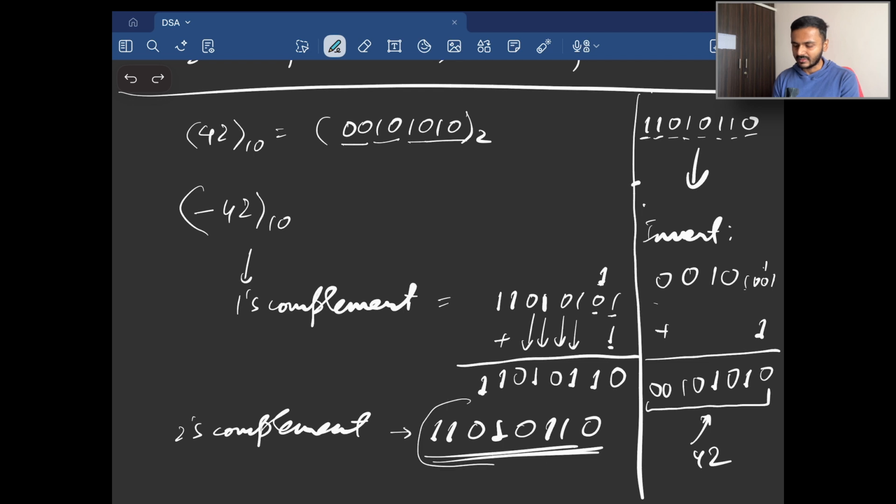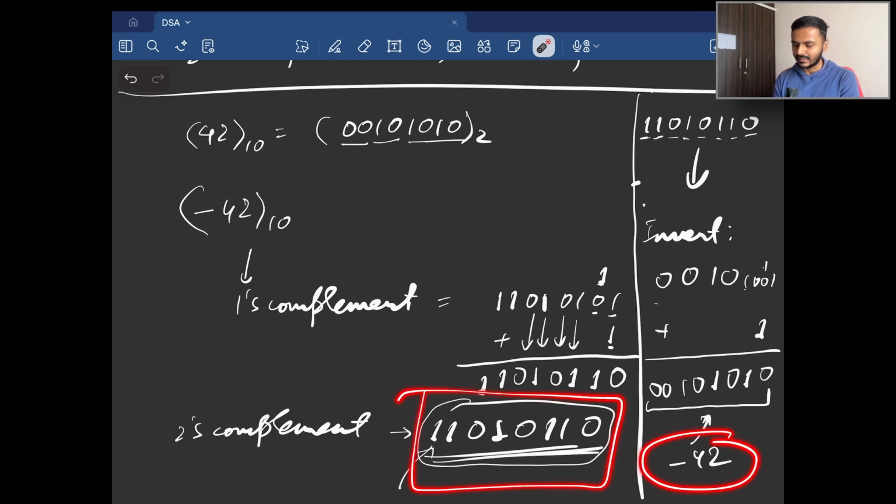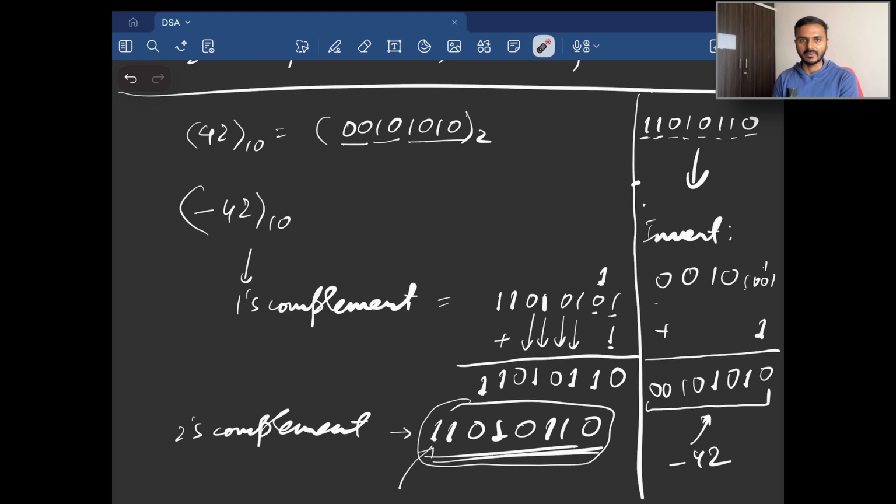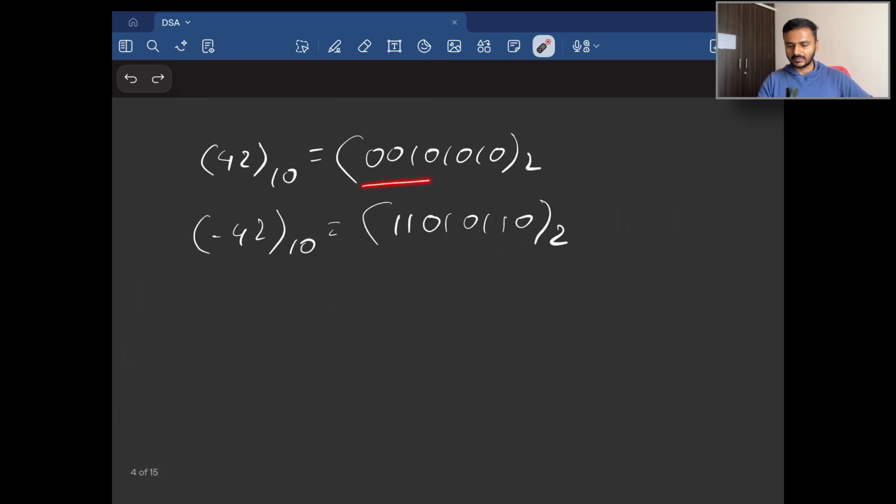And since we started off with this, where we had 1 in the most significant bit, we know that this was a negative number. So we will put minus. And this is how we can decode 2's complement to find which number in the decimal number system it is representing. So this is how 42 is represented in memory, and this is how minus 42 is represented in memory when we store it in a variable in Java.